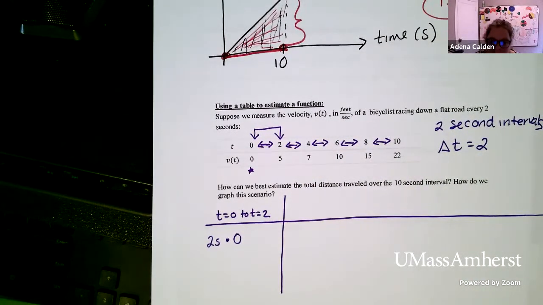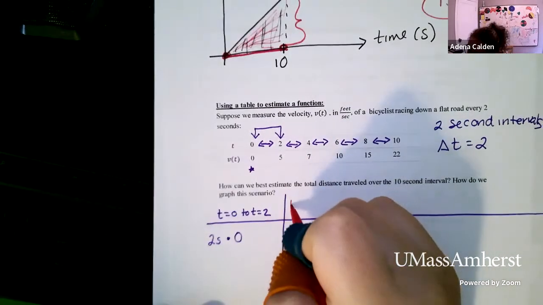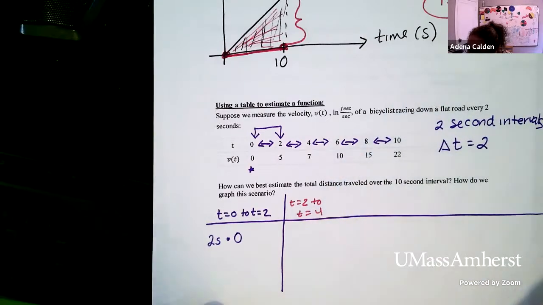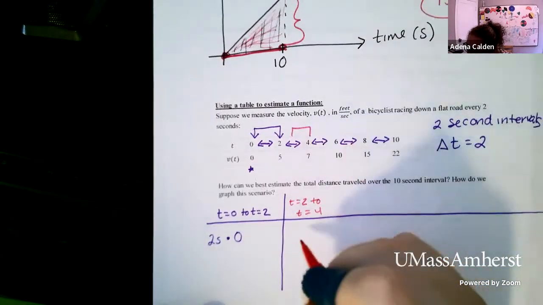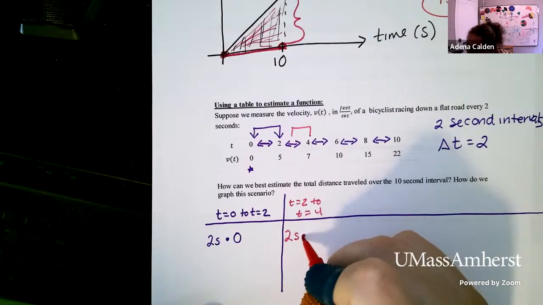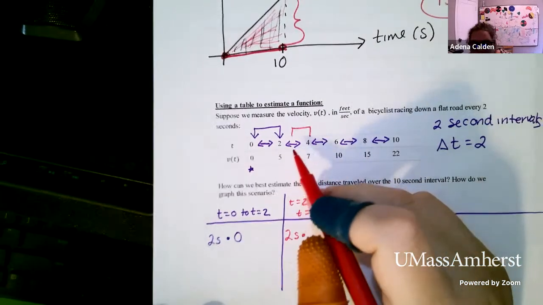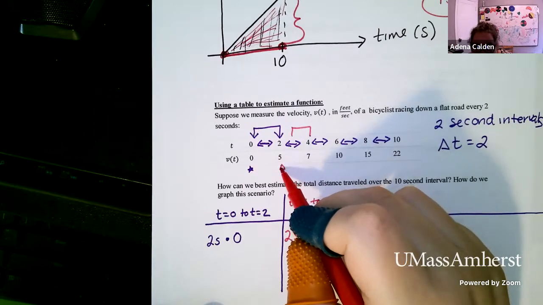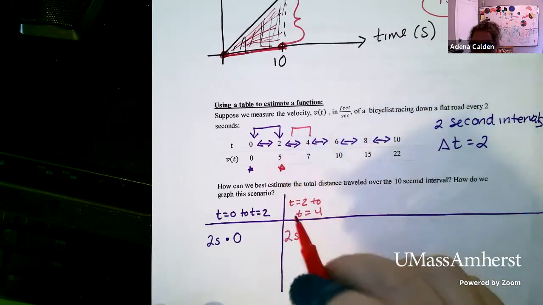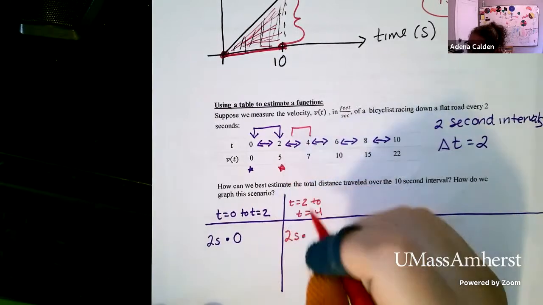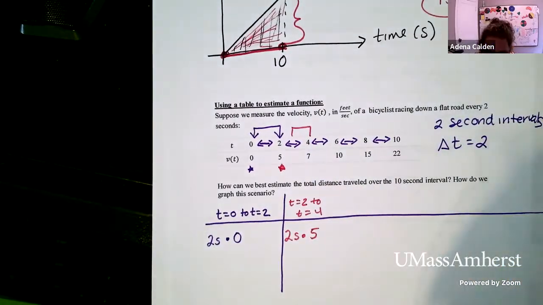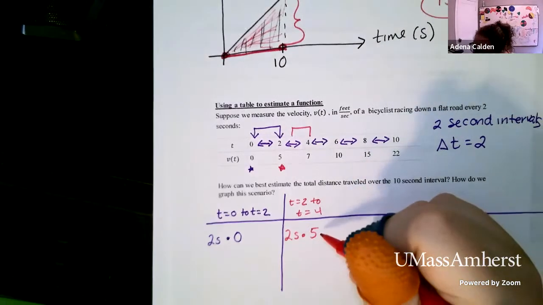So for the next 2 seconds, so time equals 2 to time equals 4. Again, that's 2 seconds. And I'm going to assume the rate on the left, right? Because I'm trying to be consistent. I'm always going to pick the rate on the left so that it's always the same type of process. So when I pick the rate on the left, that's 5 feet per second, right? So we have 2 seconds, 5 feet per second.